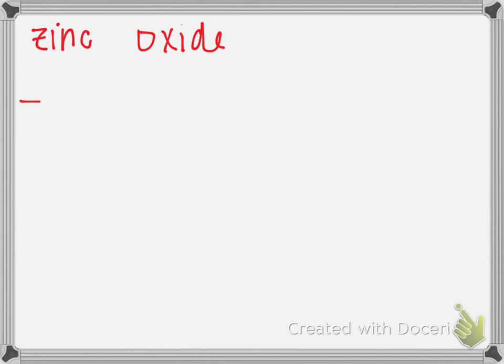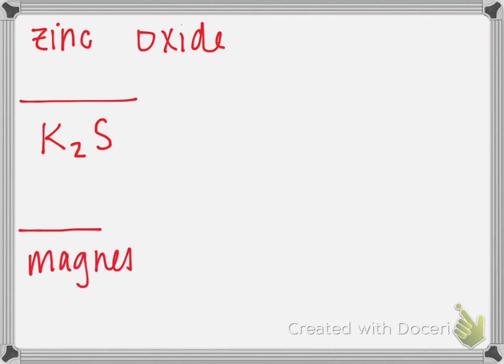I'm going to give you the formula for K2S, and you're going to give me the written name. And then on the last one here, you are going to give me the formula for magnesium sulfide. Okay, so you've got 3 problems here. Go ahead and pause the video and get those problems worked out, and then when you're ready, you can go ahead and hit play.